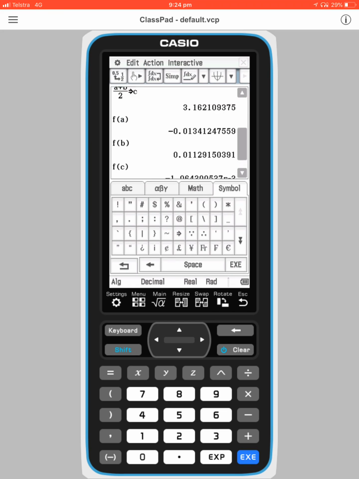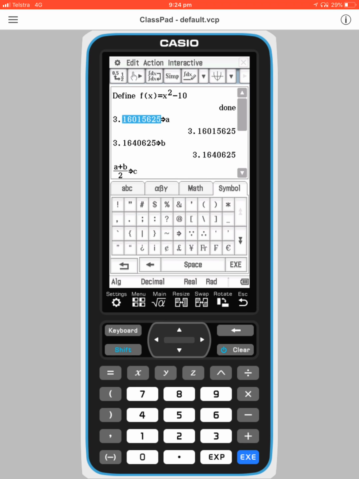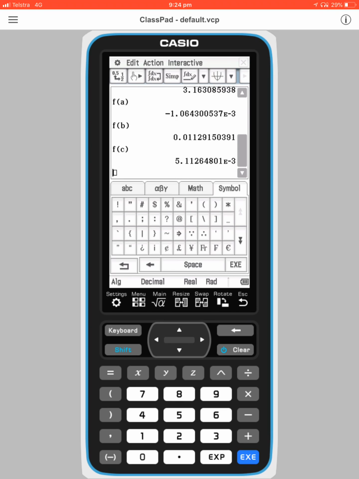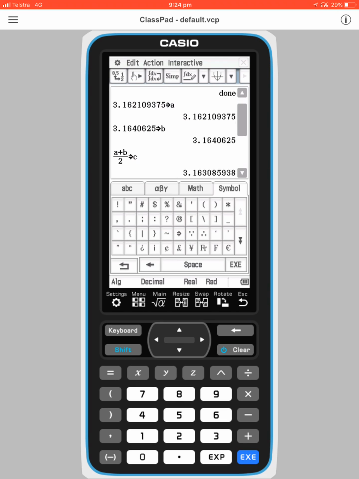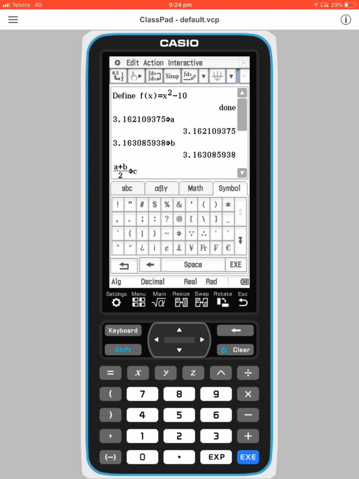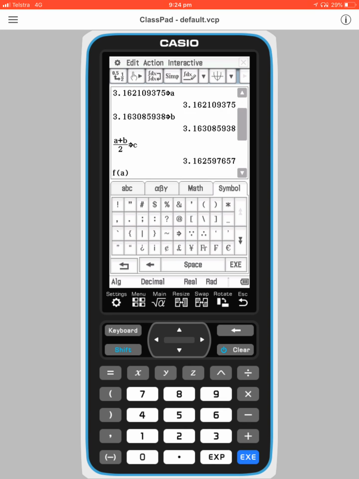Because it's negative, we replace A, so edit, copy. Positive, so replace B, copy, replace B. Okay, so we've got 3.1625, 3.163, 3.1621. So we can say it's accurate to 2 decimal places.